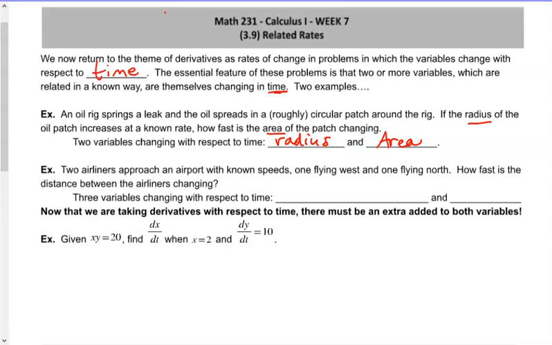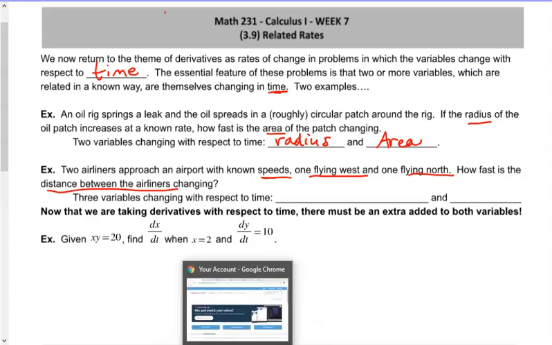Now, the second example looks at two airliners approaching an airport with known speeds. One is flying west, one is flying north. Speeds are rates of change. How fast is the distance between the airliners changing?